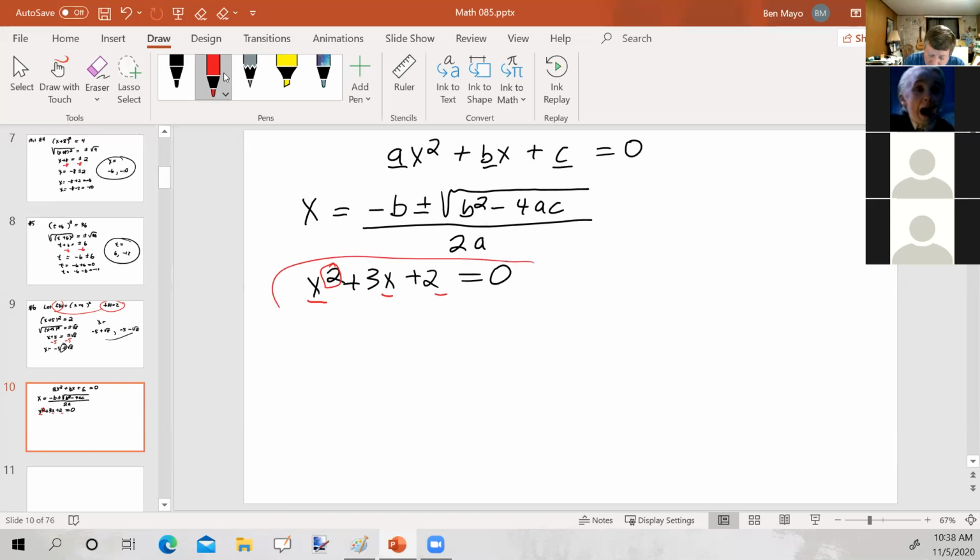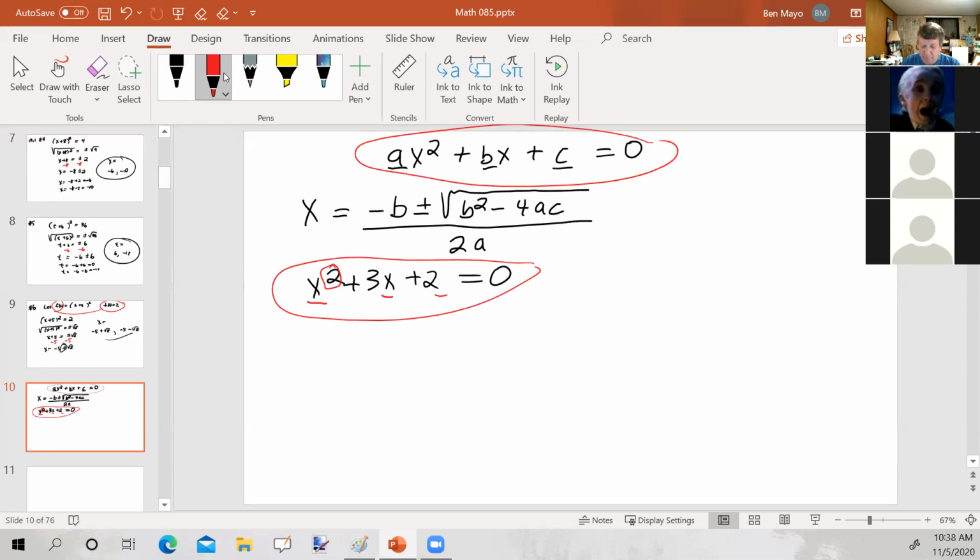So it matches the form up here, okay? Once it's in that form, now I can go through and identify A, B, and C. The leading term, x squared, has an implied 1 as a coefficient. So for this problem, A is 1, B is 3, and C is 2. Any questions about where I got A, B, and C?